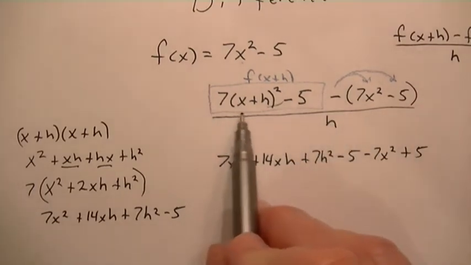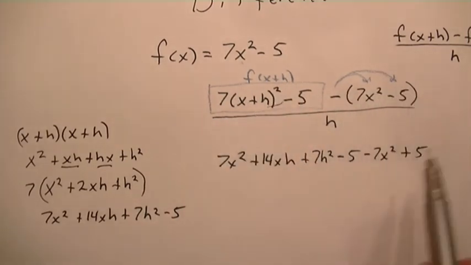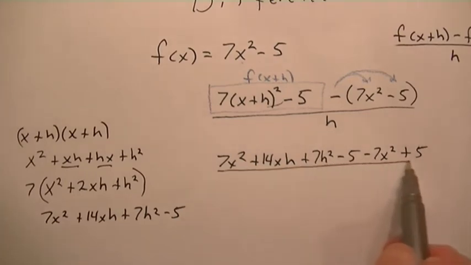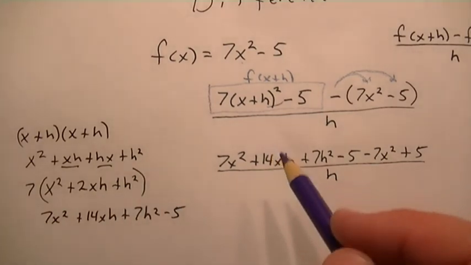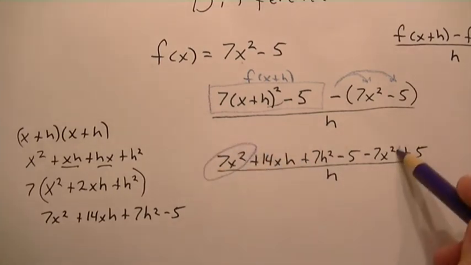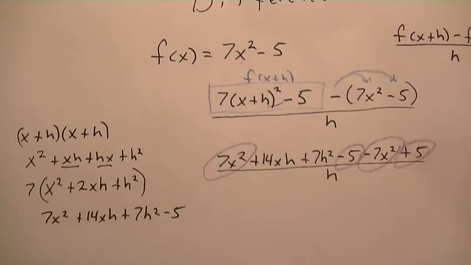Now I've expanded all this. I've distributed this. I've got all this, and I still have it all over h. And now I can come through and start doing some simplification. For instance, my 7x squared has a negative 7x squared there. The negative 5 has a positive 5.